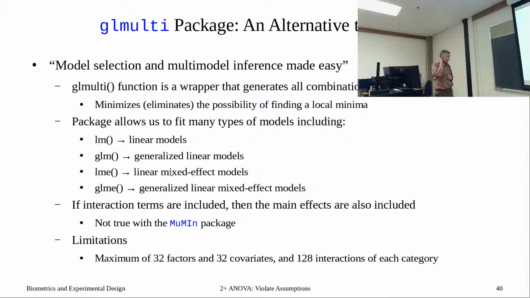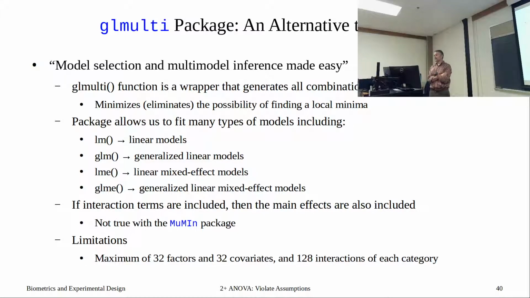Now, that being said, I'm going to introduce you to this glmulti package. This glmulti package is going to be the alternative to step. In, I believe, the package description, it says model selection and multimodel inference made easy. And I can't stress that enough. It is made easy. Why?